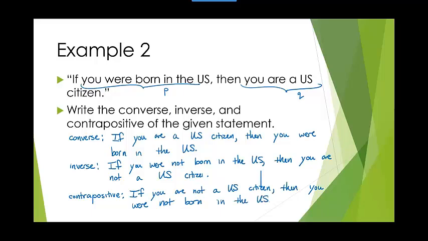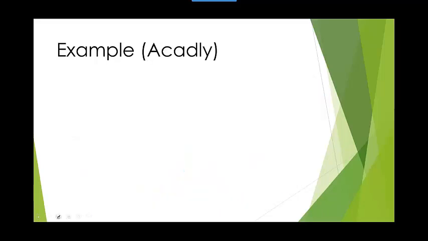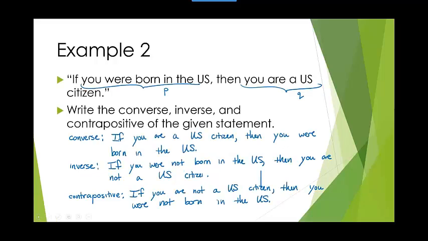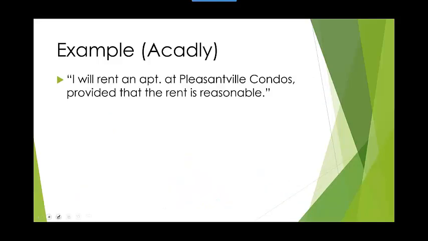Okay, so it'll be expected that you are able to apply the different adjustments to any given sentence to figure out the converse, inverse, and contrapositive. So let me go ahead and let you try one next.